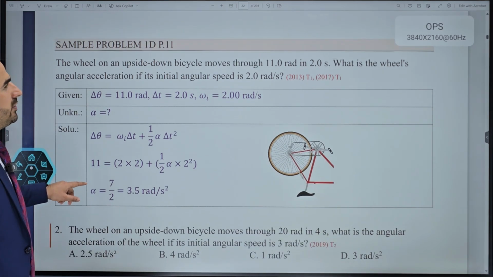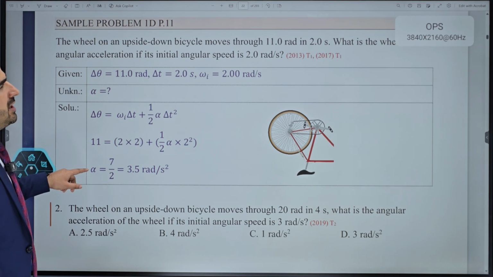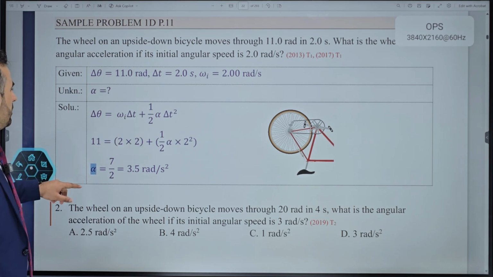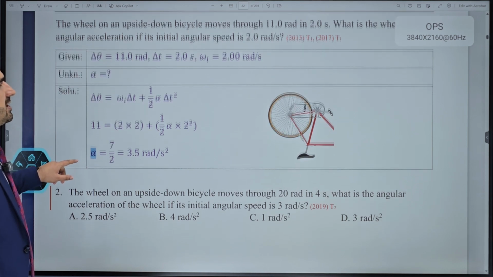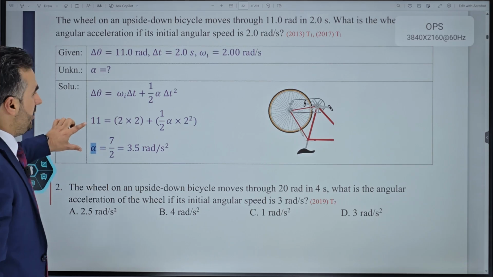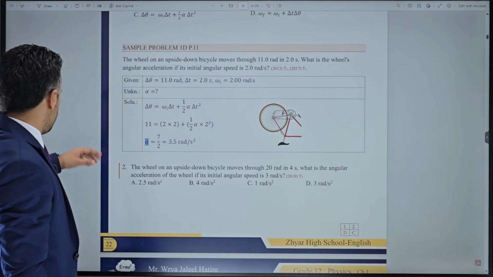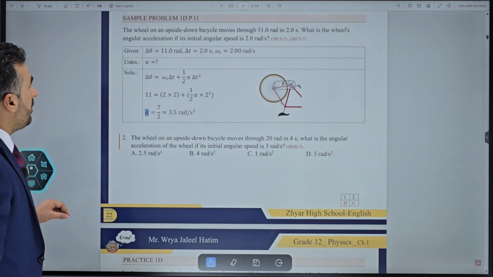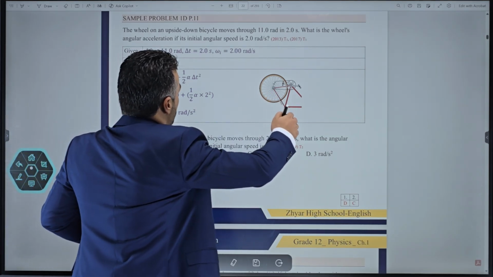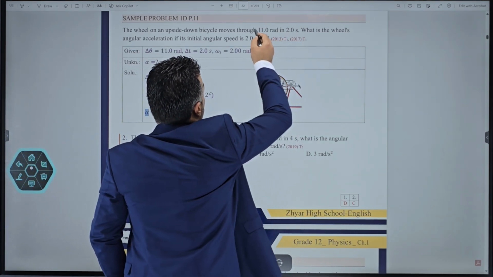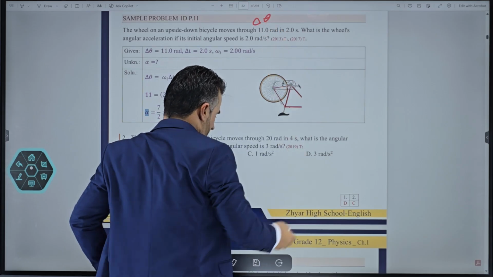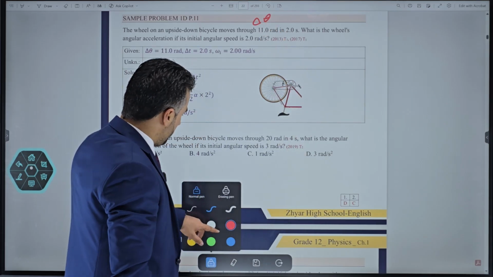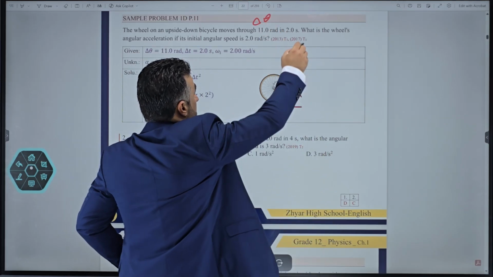All right, now we have another question here. Make sure when you go through the keywords, you underline every single keyword so that you know what is given and what is unknown, so that you can solve the question correctly. So this is one of the questions that we have. It says, the wheel on an upside down bicycle moves through 11 radian. This 11 radian is delta theta, and you know that. That's a good thing. The second thing, it says it is in 2 seconds.